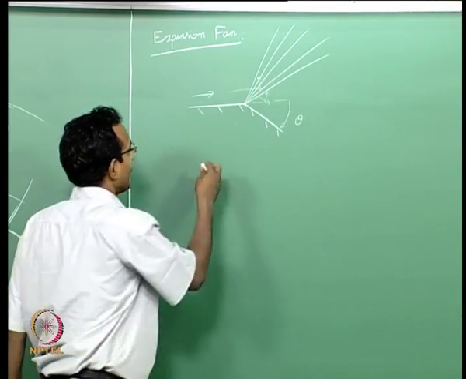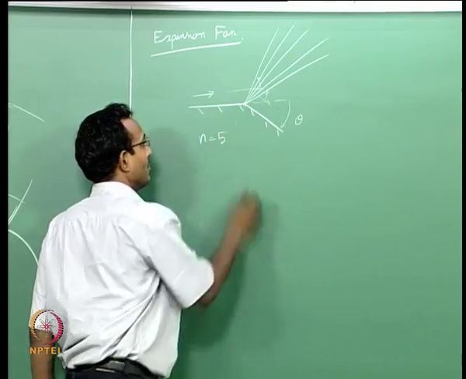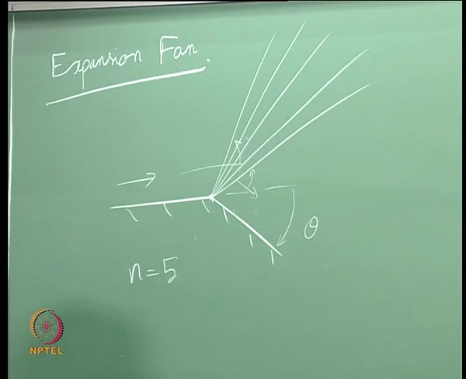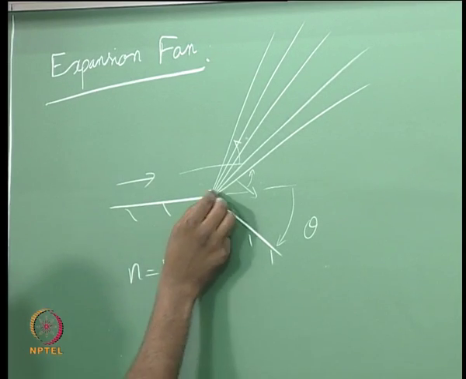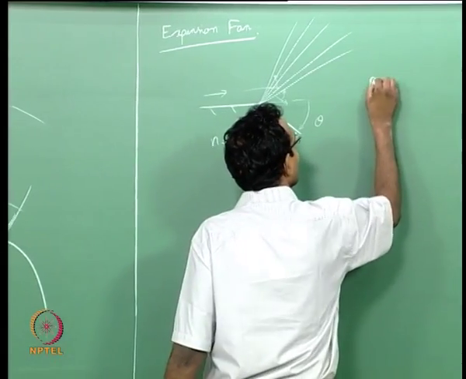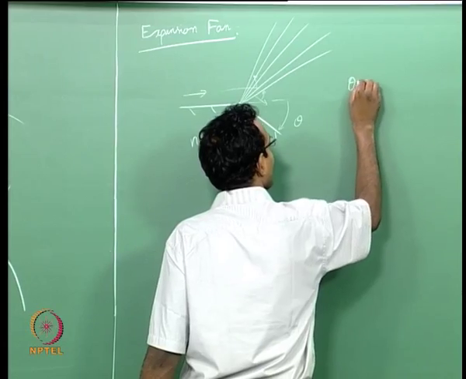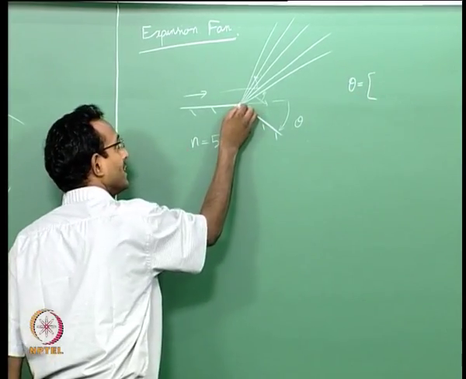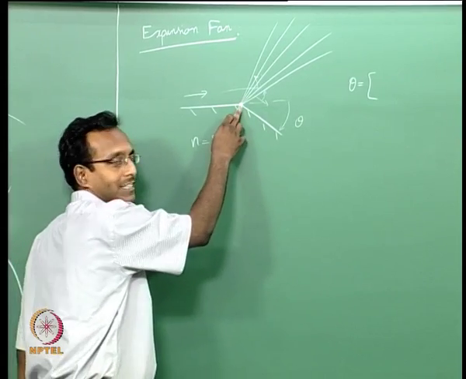I am picking 5 points, let us say n equal to 5 right now. What I am going to do is, I know my initial Mach number, I know the final Mach number, I know the initial theta, I know the final theta. All I have to do is distribute this whole data inside here. Ideally I do not distribute in Mach number, what I do is this, I know n equal to 5, right. I will have to create 5 points with exactly the same x, y location, that is that corner.